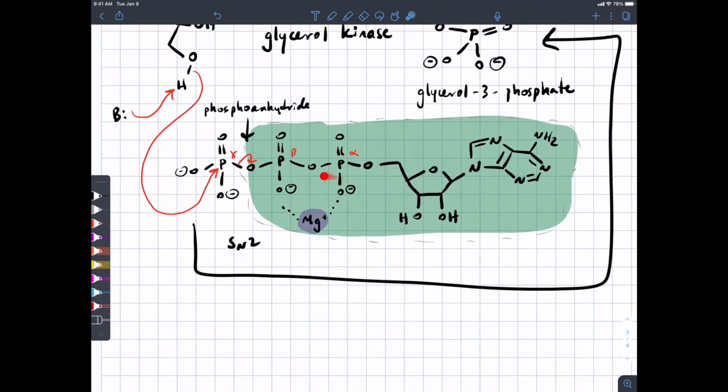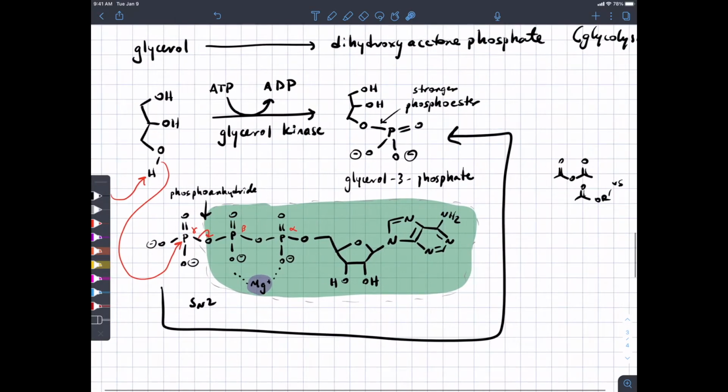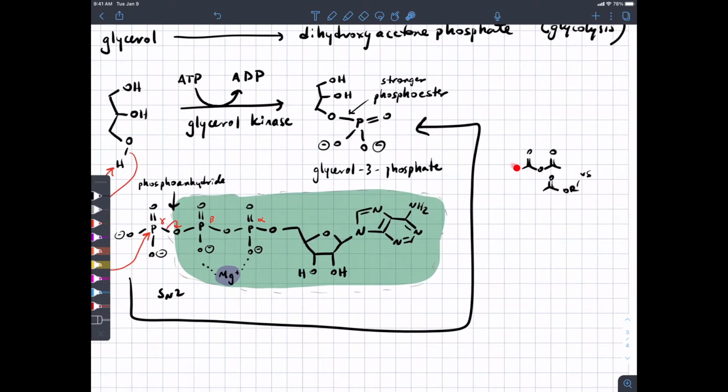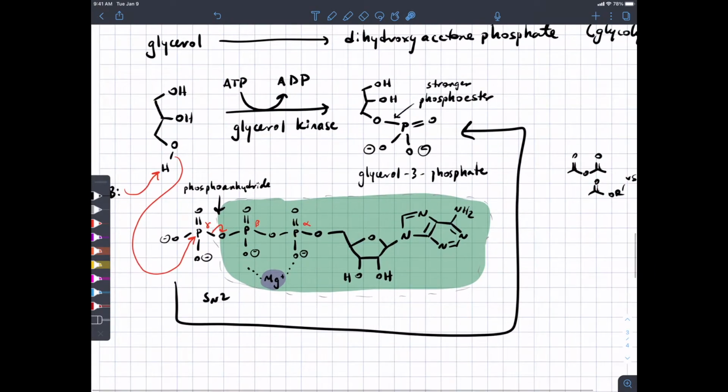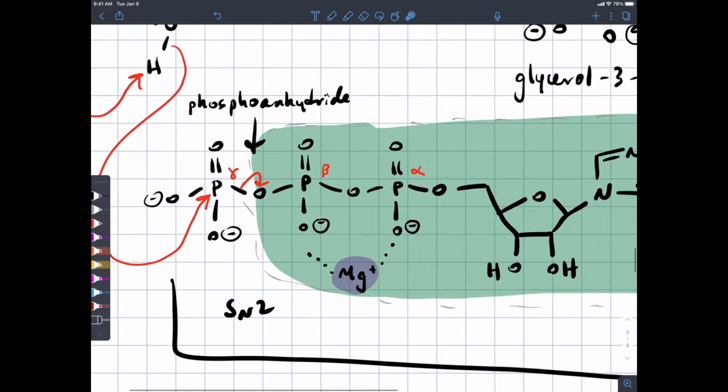People will talk about how ATP breaking these phosphoanhydride bonds is favorable, and again, the analogy with carbon anhydrides is useful. The carbon anhydride is less stable than the carbon ester in the same way that a phosphoanhydride is less stable than a phosphoester. But one other thing that makes this reaction favorable is that you have all these negative charges close together, and when you hydrolyze the phosphate group on the end, you get rid of two of them.